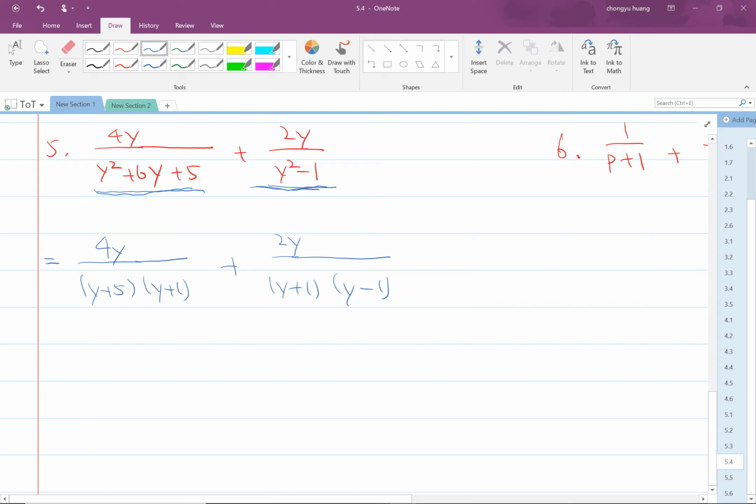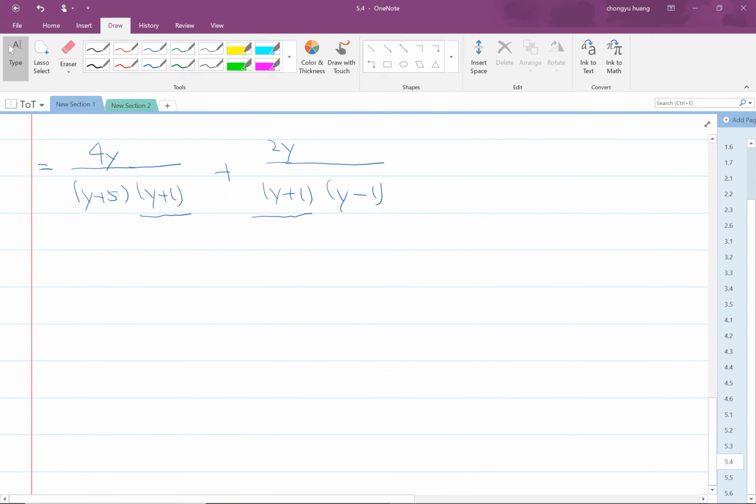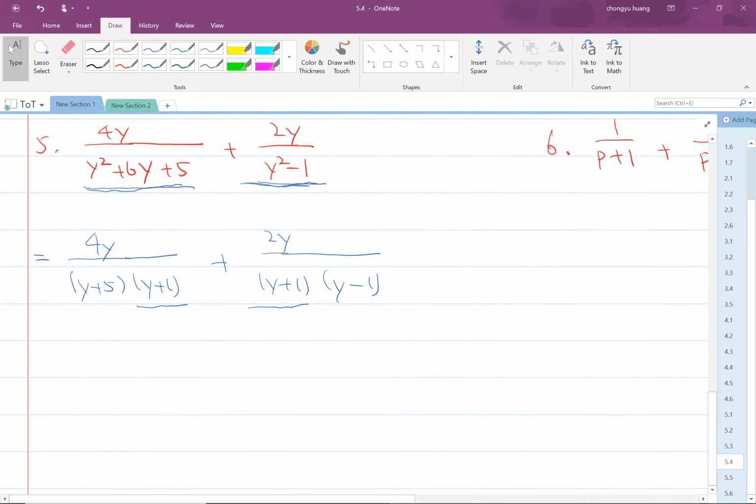So now you can see we have y plus 1 as the common term, right? So we have to multiply y minus 1 to the other side to make it become a least common denominator, right?